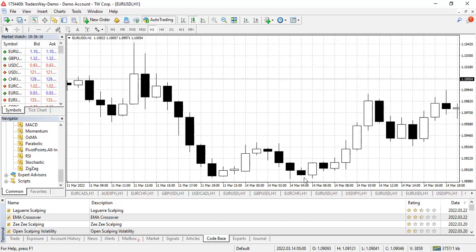Yeah, this is a good example of bullish engulfing. Can you see we have a small bearish candle, a small black candle, followed by a big bullish candle. Can you see? So, which means the market will go uptrend.